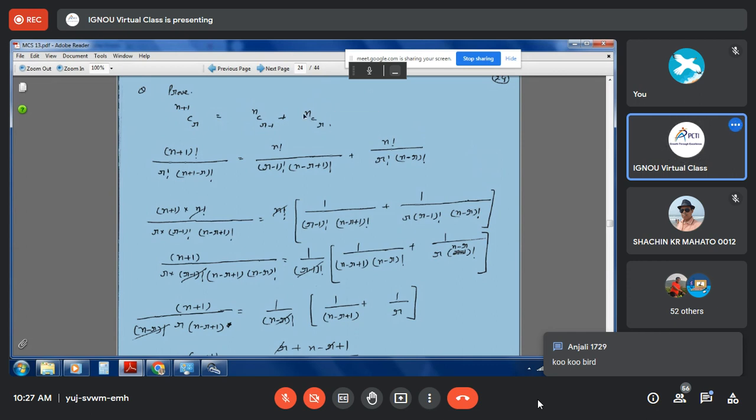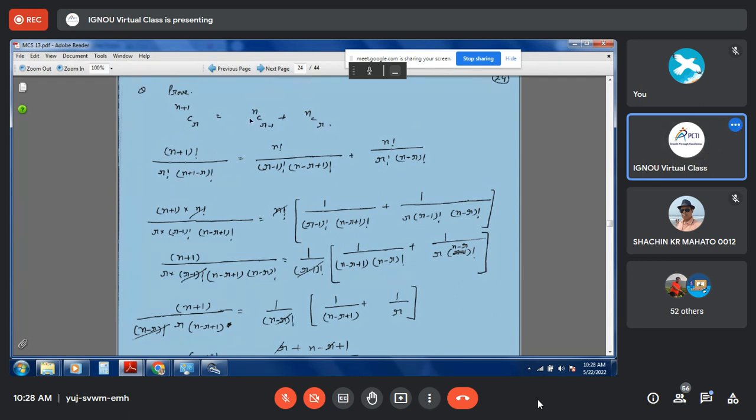Simple. Expand the formula on both sides and calculate the factorials. Cancel the factorials like this. See, the nCr formula is n factorial divided by r factorial times n minus r factorial. It is n plus 1 factorial, r factorial, n plus 1 minus r factorial.